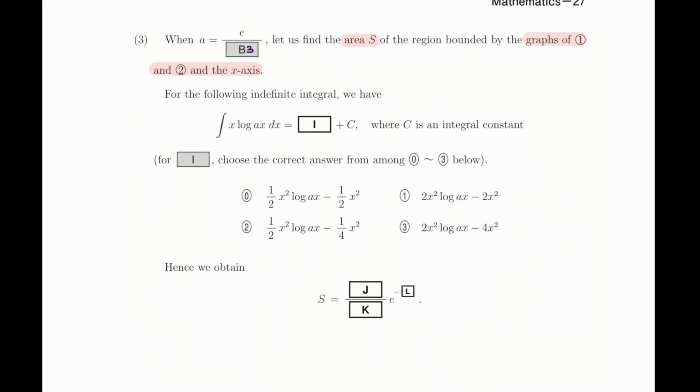For the following indefinite integral, we have blah blah blah. First of all, we have to find the indefinite integral of this. Why should we find the indefinite integral of this? Because if we want to find the area, we can use integration.